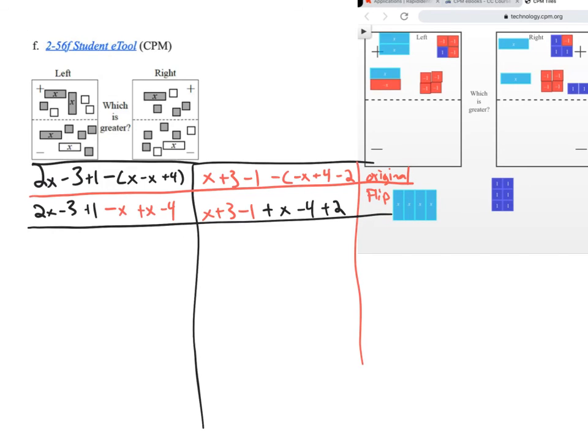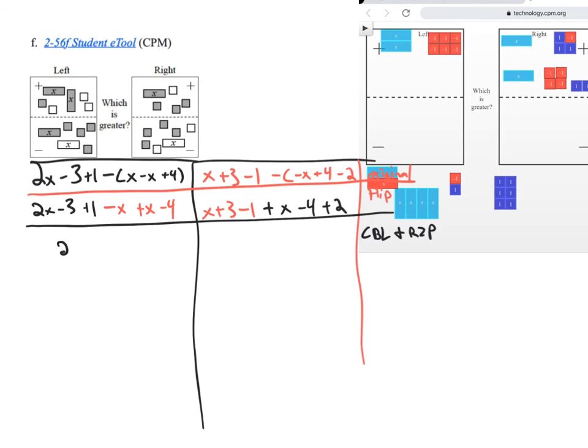Now I'm going to move into combining like terms / removing zero pairs. So when I first remove zero pairs, on the left side in the positive region, I've got a positive and a negative x, so that's going to go away. And I've got a positive and a negative 1, so that's going to go away. And what I'm going to be left with is I've got 2 positive x's, 1, 2, and I've got 6 negative 1 cubes.